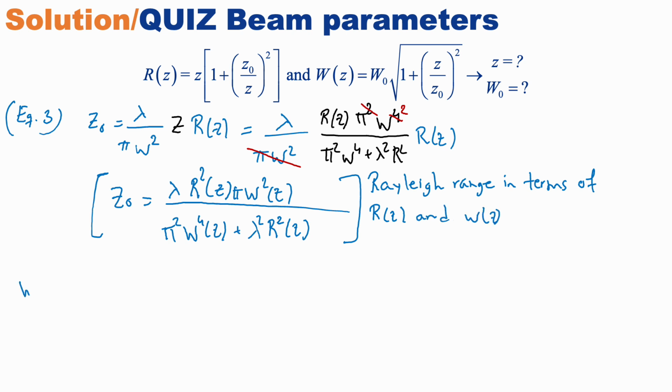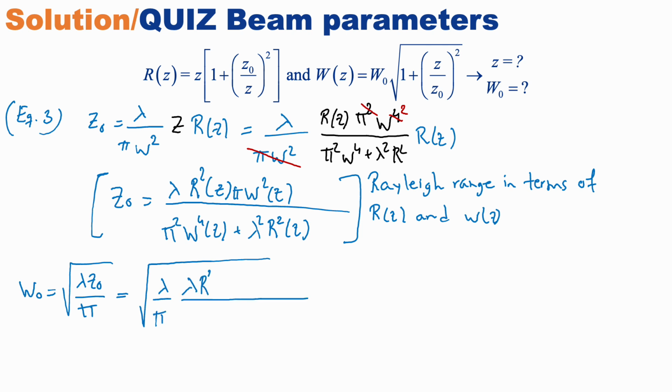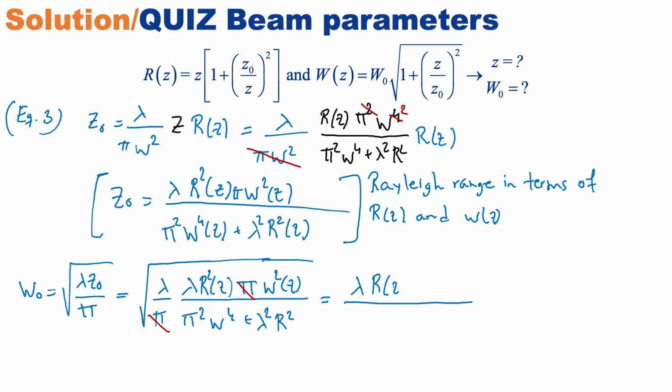And now finally, if we know the Rayleigh range, we definitely can get the beam waist, so it's just placing lambda over pi, like lambda r over pi, so here pi cancels, and the whole thing in the denominator is going to be a square, so with the square root it's gonna cancel out.